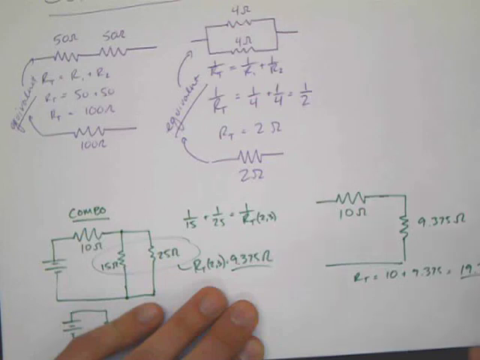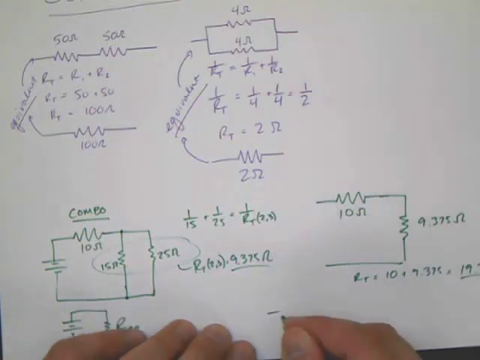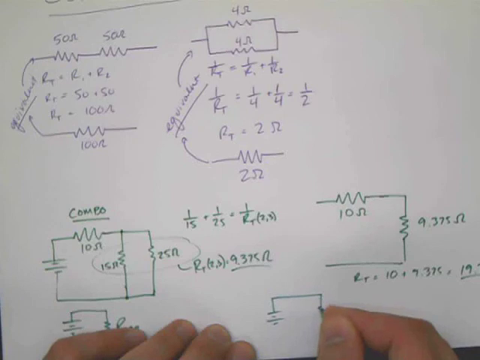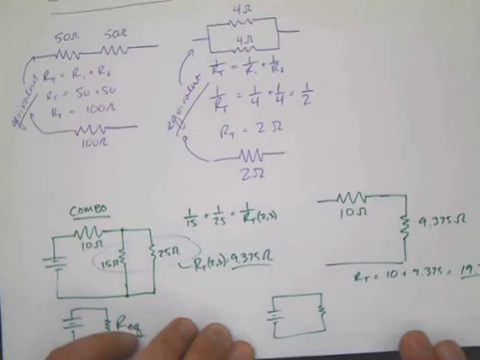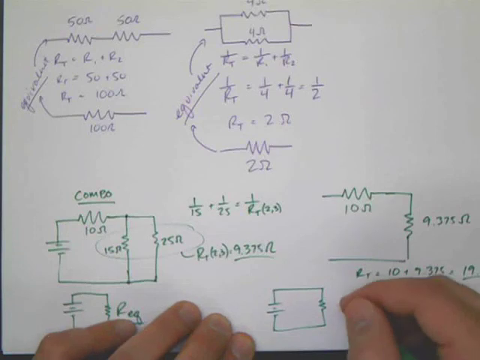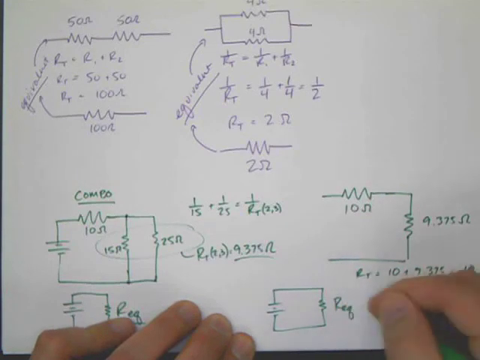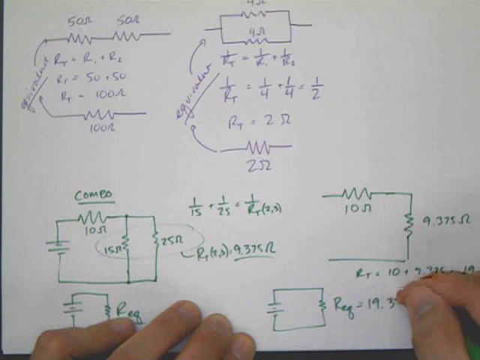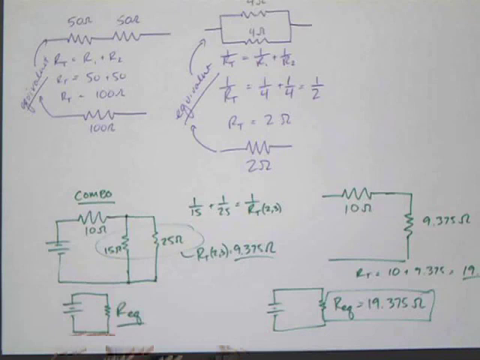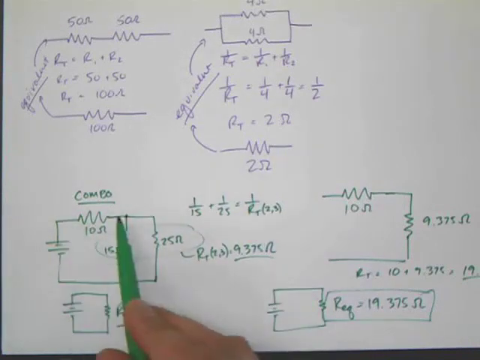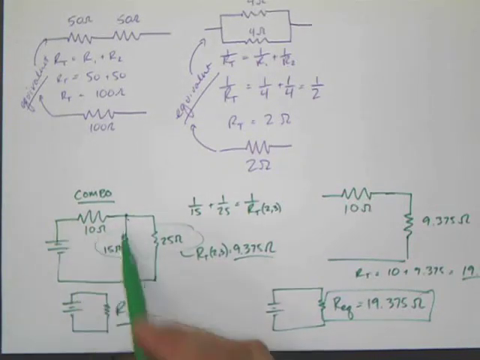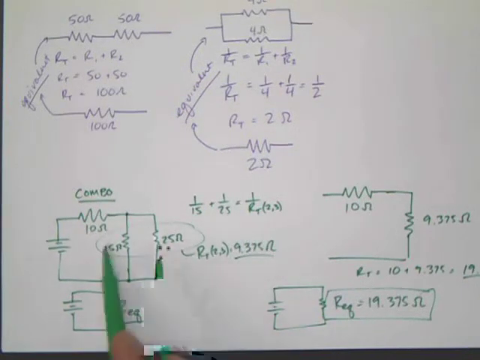So this new total resistance of these two can be rewritten as a single resistor with a resistance of 19.375 ohms. So this is the equivalent resistance of the combo circuit of a 10 ohm in series with a 15 and 25 in parallel. So take it step by step, simplify them down until you get one single resistance that represents the whole circuit. And that's how you find equivalent resistance.